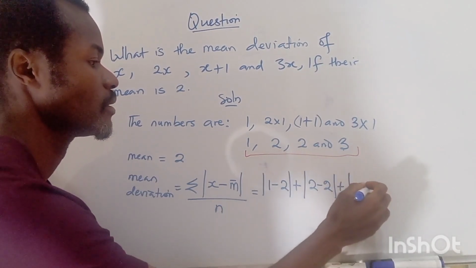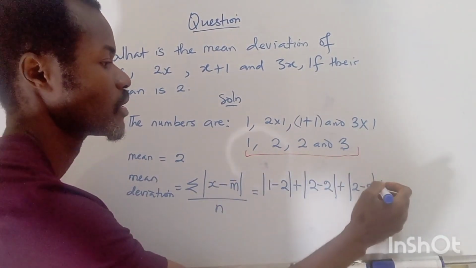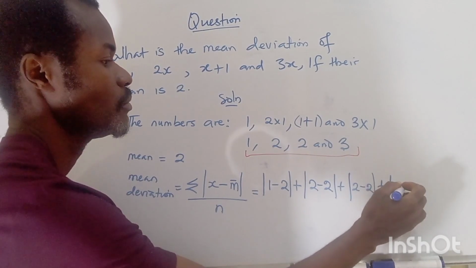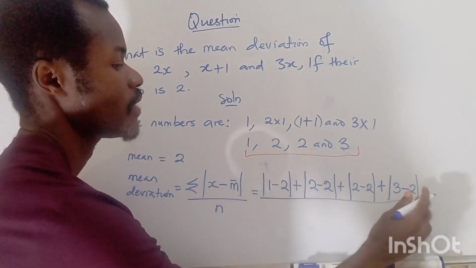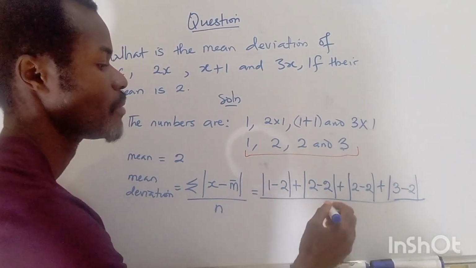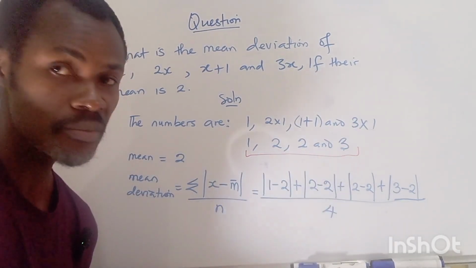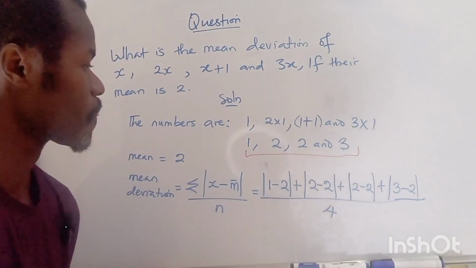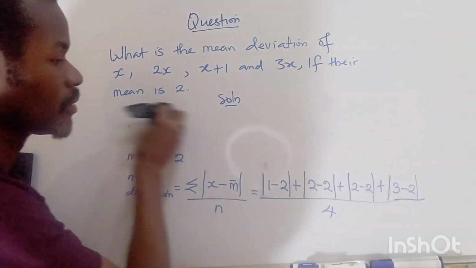And lastly, the next one is 3, 3 minus 2. So all these we are going to divide by 4, 1, 2, 3, 4.